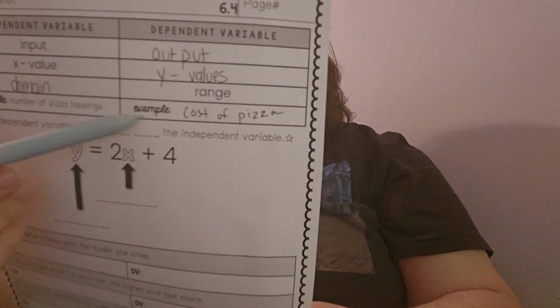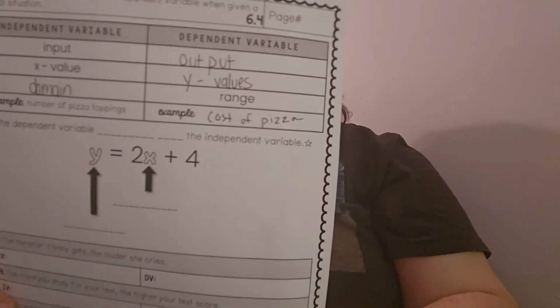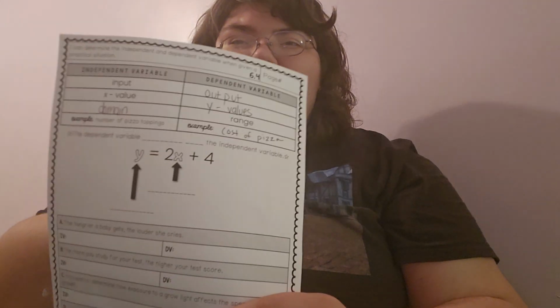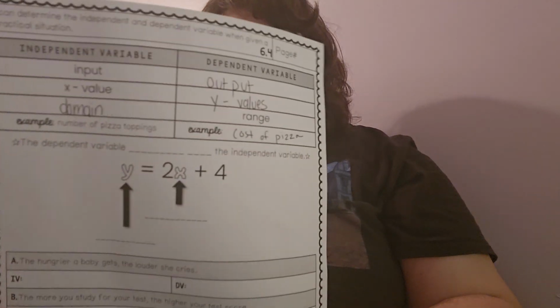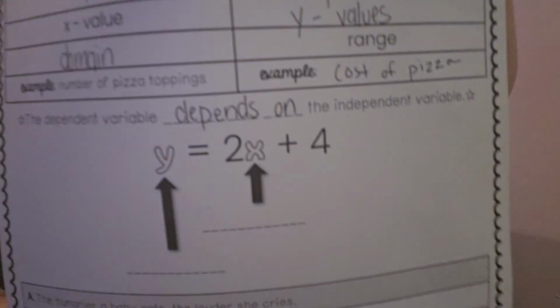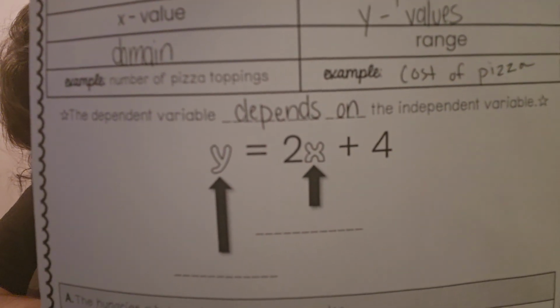I'm going to pay more if I have a 2-topping pizza instead if I were to just get a 1-topping. And like I had mentioned, the dependent variable depends on the independent variable. Hopefully you guys can see that.